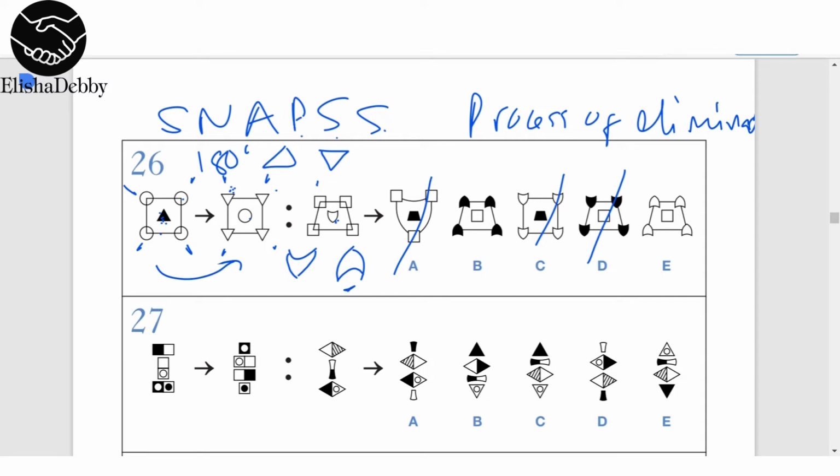So that means if this was not shaded, it will turn 180 degrees and be shaded on the outside. Let's see which of them. So this is not shaded, so it can't be this. It will have to be B. Okay, so that's how you get that.